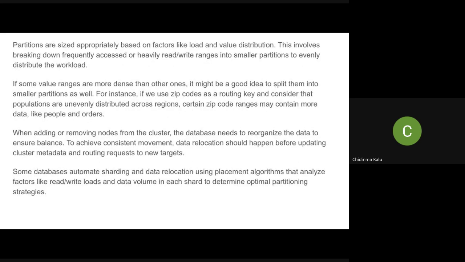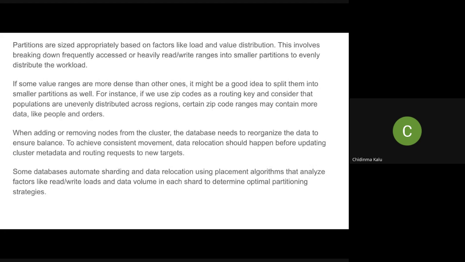Oh, this is a lot of text. But basically, partitions are sized based on factors like load and value distribution. This involves breaking down frequently accessed or heavily read or write ranges into smaller partitions to evenly distribute the workload.